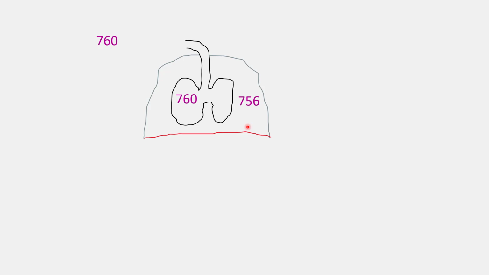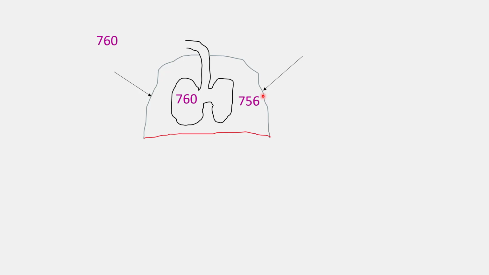Watch that segment a few times until you can understand the mechanics of inhaling, because next we are about to look at exhaling. So, when we go to exhale, we are going to relax the external intercostals and the ribs move inward and downward.